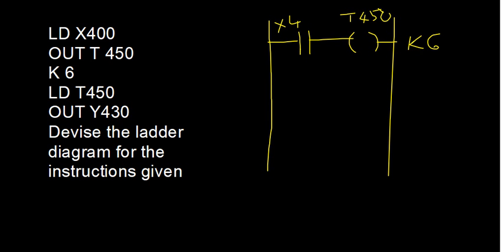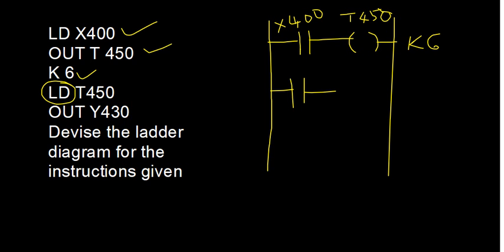This example somewhere we have taken earlier also, but that time the problem statement was given and you were writing the instructions. Here the instructions are given, you are supposed to write the problem, the inference of these instructions. So, now we have come up to here, this is over. Now, in the second rung, you know that whenever an LD instruction begins, it is understood that you have come to the next rung.